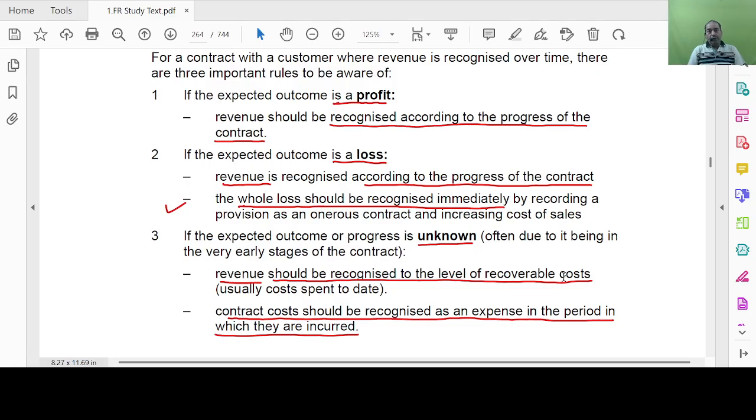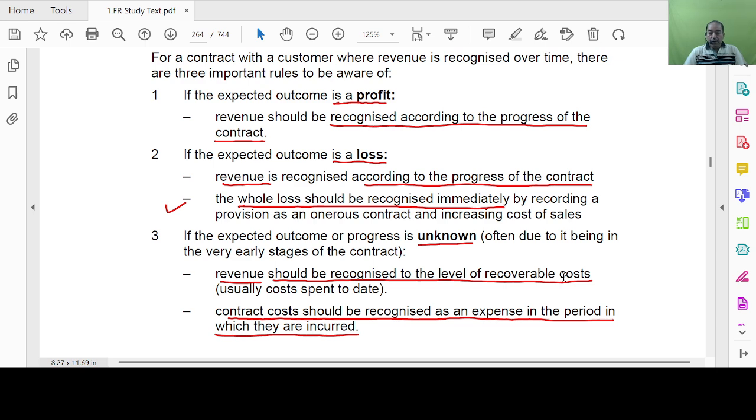So if I have spent about $165,000 up to date, my revenue will be $165,000 and my cost will also be $165,000. So no profit, no loss. That is the way in which we show the revenue if the outcome is not known or is doubtful.